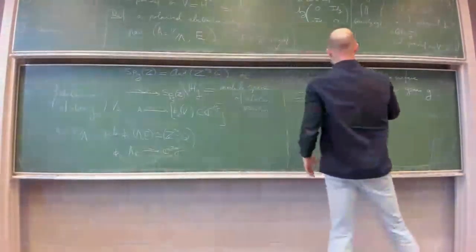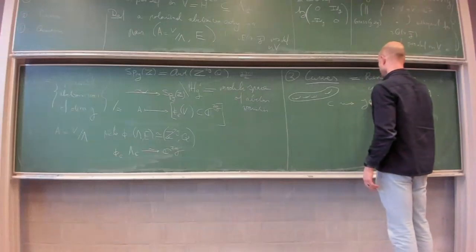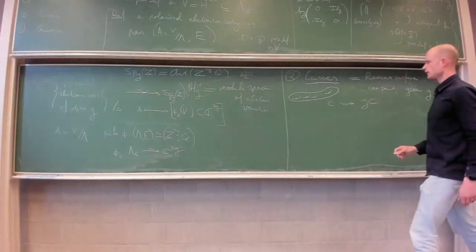If we start with a curve, we can associate to it its Jacobian. How do I define it?